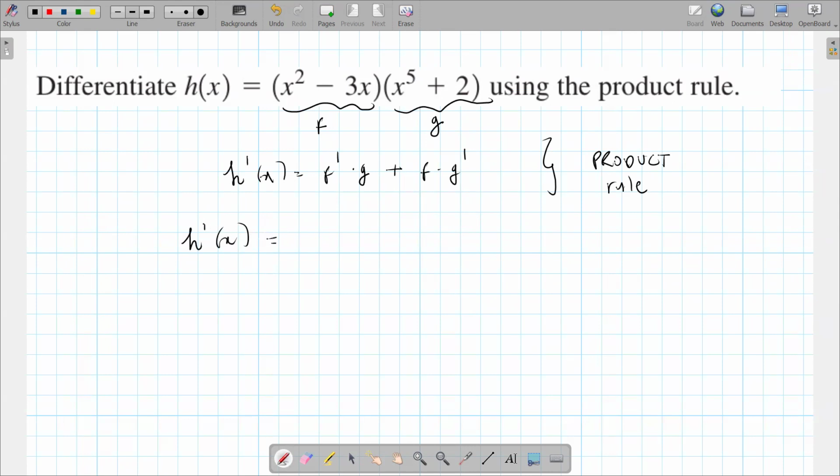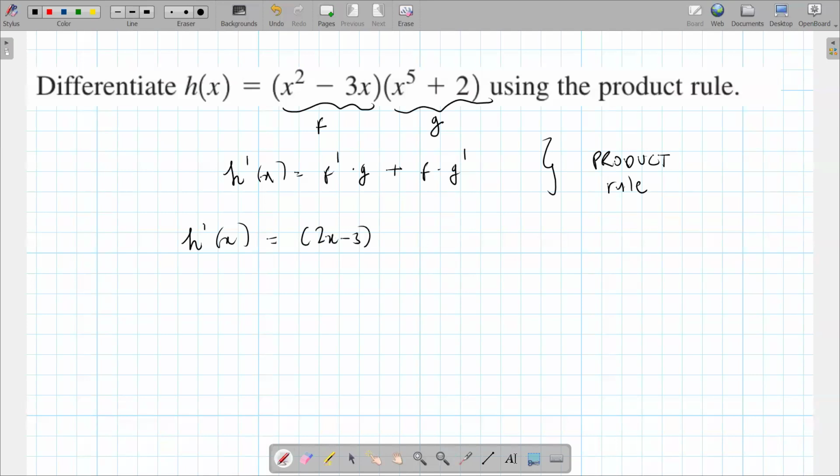Rather than having to open the brackets, this one will be easier most of the time. What's f prime? If f is x squared minus 3x, what's f prime? What's the derivative of x squared minus 3x? 2x minus 3. 2x minus 3.